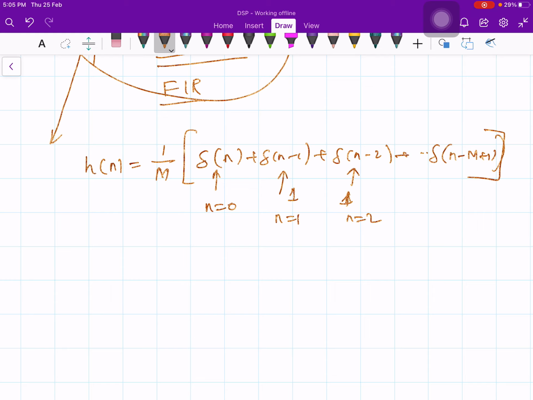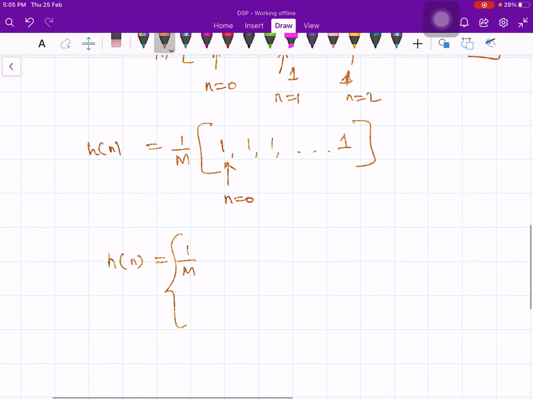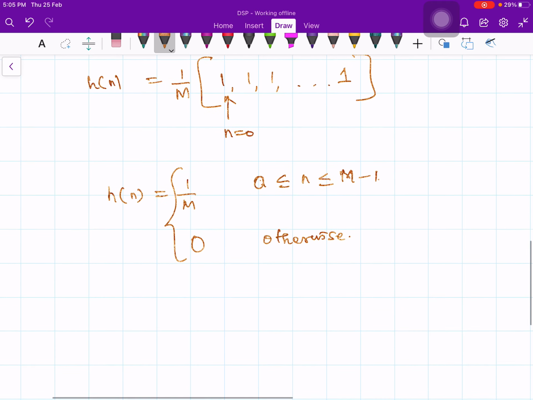Therefore I can say h of n is 1 over M times 1, 1, 1, up to M ones, starting at n is equal to 0. So in compact form, I can write h of n as 1 divided by M when n lies between 0 and capital M minus 1, and 0 otherwise. So this is the compact way of writing h of n.